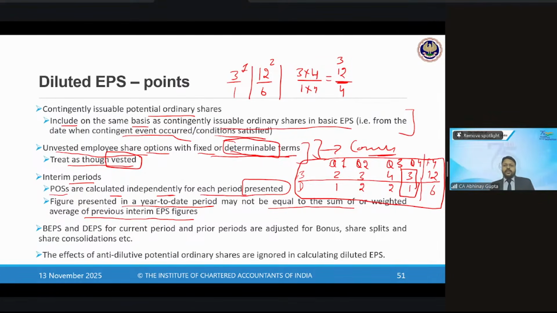When we calculate it for Q3, it is for October, November, December profits. And when we calculate it for March, then it is for January, February, and March profits. Isn't it? Yes or no?